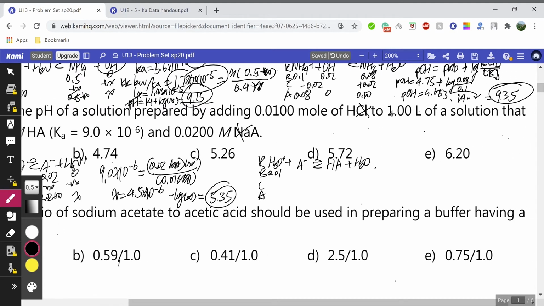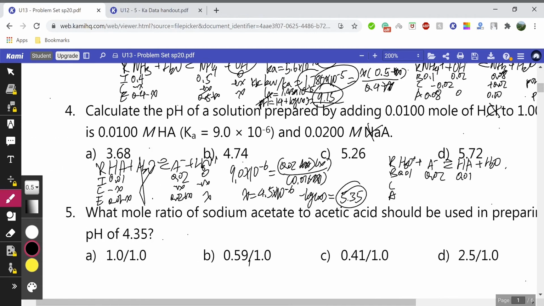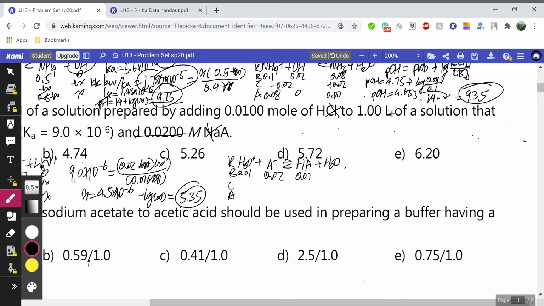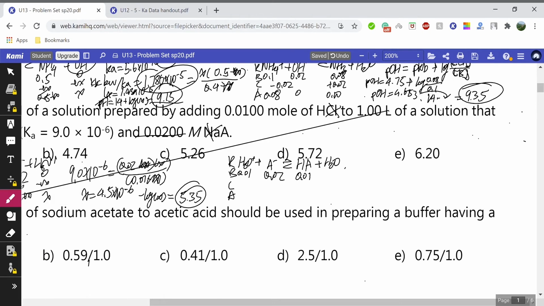It's going to be 0.02 over here for HA, and A minus will be 0.01. Nope, just opposite. So HA is going to be 0.01, A minus will be 0.02. Again, 0.01 and 0.02 multiplied by the 1 liter solution. So now this will be minus a smaller number, which is going to be 0.01. So this is going to be 0 over here, 0.01 over here, plus 0.01 is going to be 0.02 here.